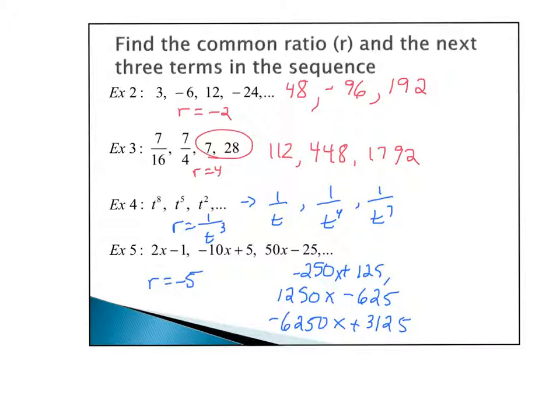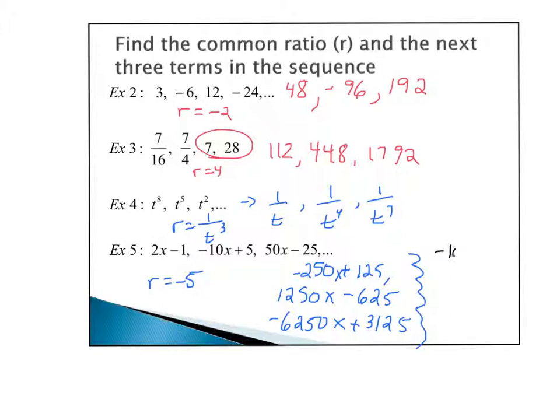In example 5, in this case, there's a couple ways you can look at it. One way is you can recognize that the x values go from 2x to negative 5x, which is times by negative 5, and the second term goes from negative 1 to 5, also multiplying by negative 5. That's one way you can get your common ratio.